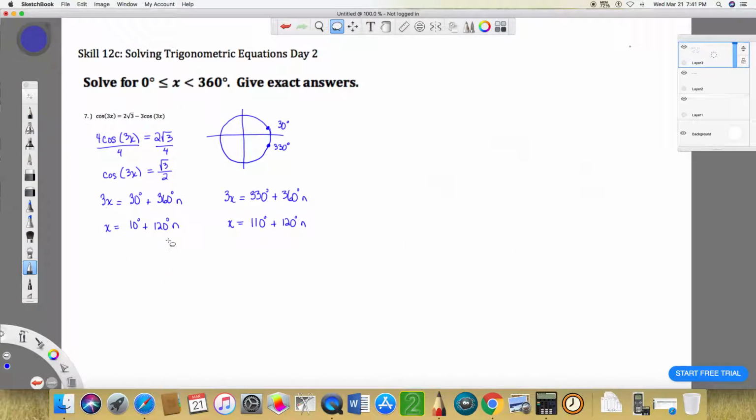All right, so let's construct a table, and if we start plugging in integer values for n, we'll be able to come up with solutions that are between 0 and 360. Let's call these solutions 1 and these solutions 2.